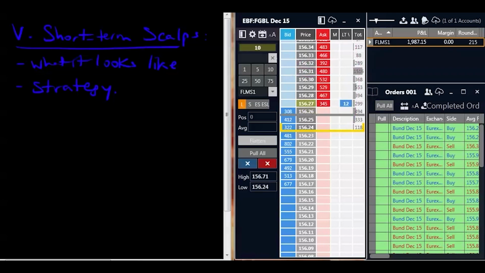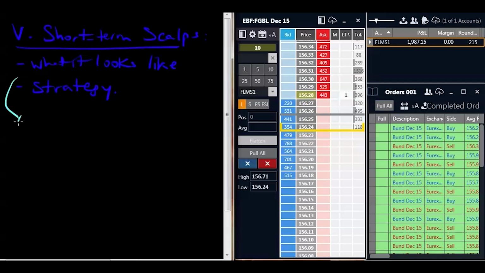So from a trading perspective, what did we see on the price ladder?